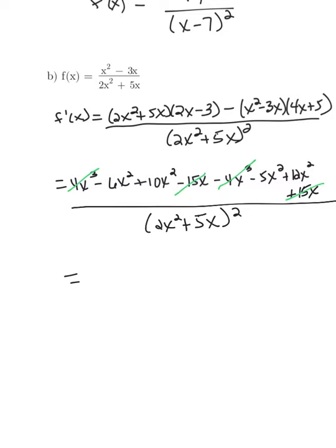Now, if we combine all these squared terms that we have, the first two will give us a positive 4x squared. Minus 5 gives me negative 1x squared. Plus 12 gives me 11x squared over 2x squared plus 5x, the quantity squared.